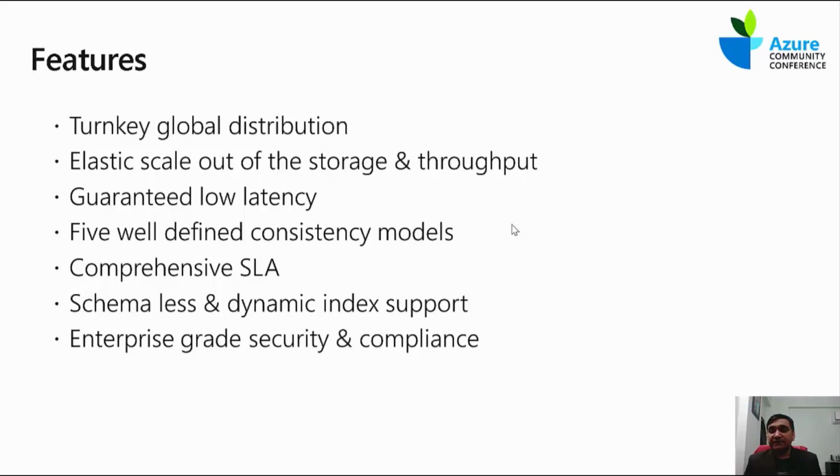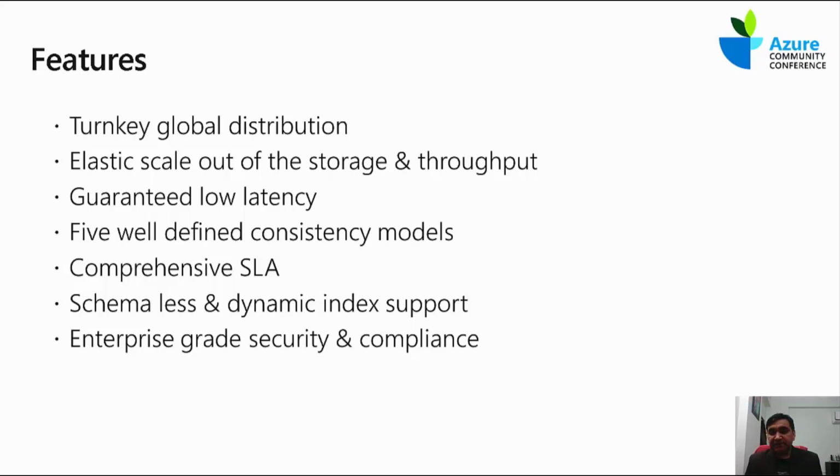We provide you enterprise grade security, which means that we provide encryption at rest and encryption in transit. We have, by default, an enforced 256-bit key for your database account accessibility.